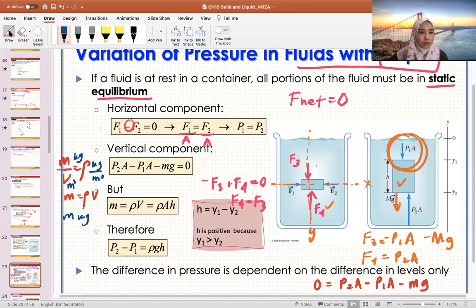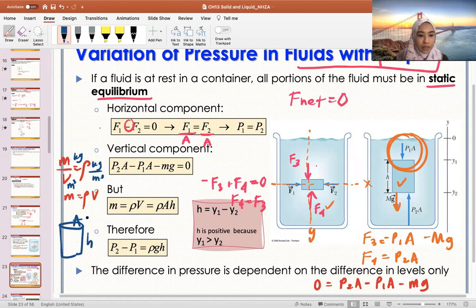Okay, just nak bagi tahu je units. Saya rasa ramai yang lupa pasal units. So mass is equal to density times volume. And volume is equal to area times height. Okay, again, if I have a cylinder, what is the volume of the cylinder? It is H times A. What if I have a box?